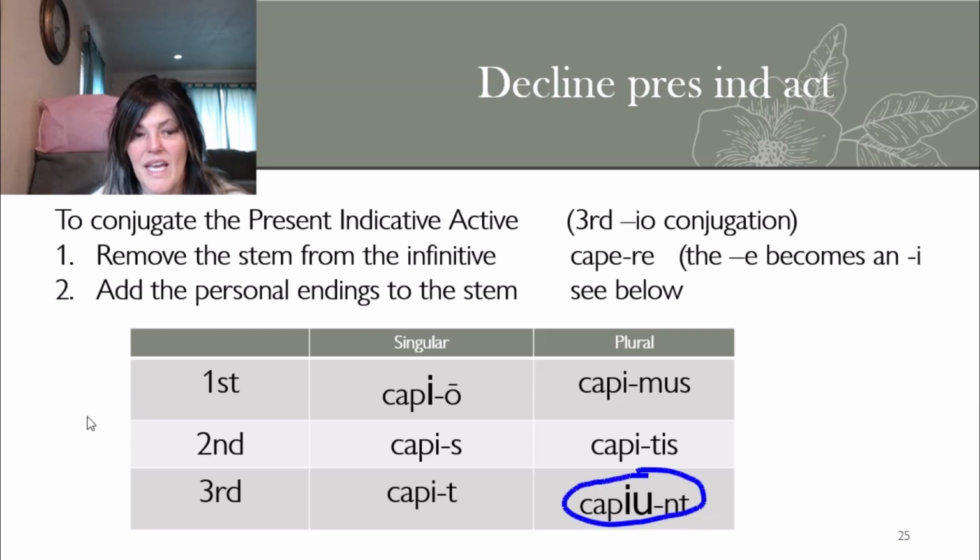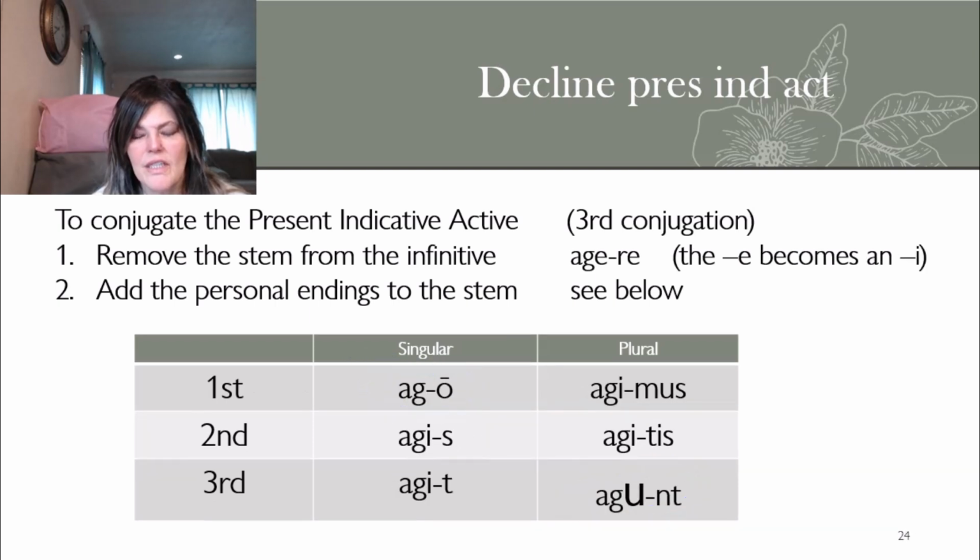Capio, the I's still there, and the I carries through everything. Whereas in the regular third, it is not there in the first singular or the third plural.